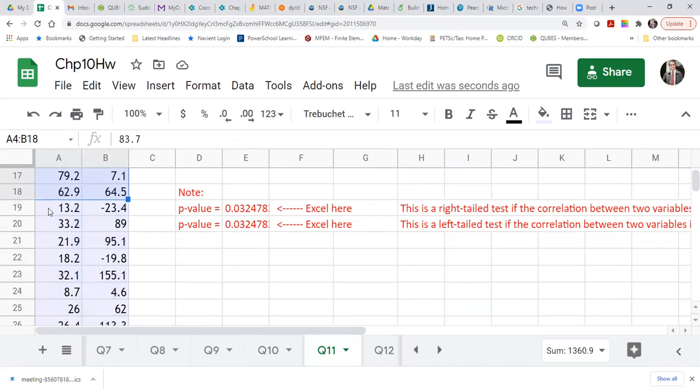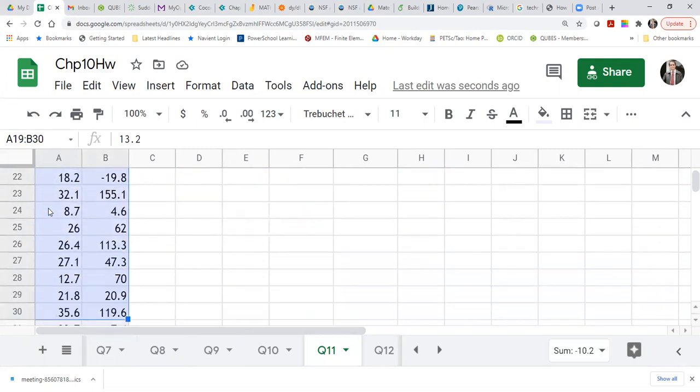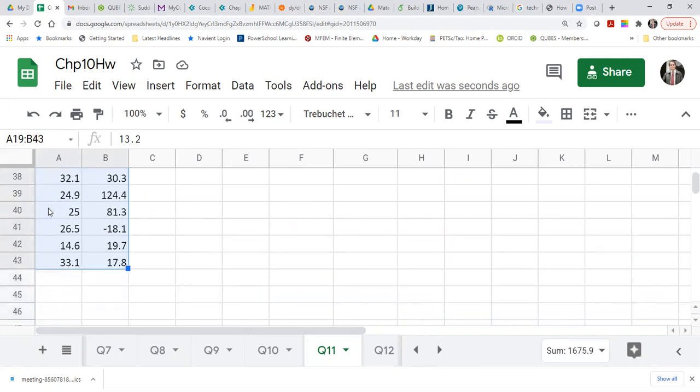So the data is up to row 18. Okay, so you need to erase the rest, right? You can highlight it and then delete with the delete button.